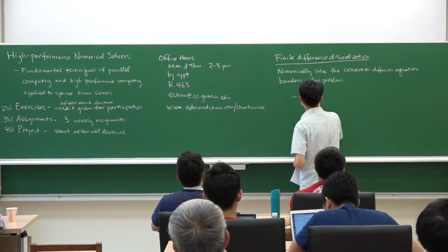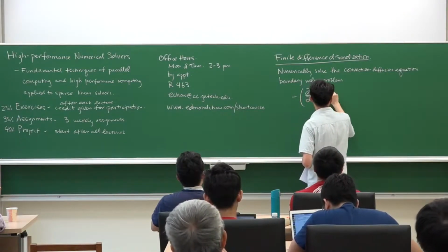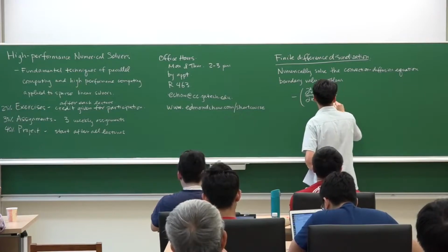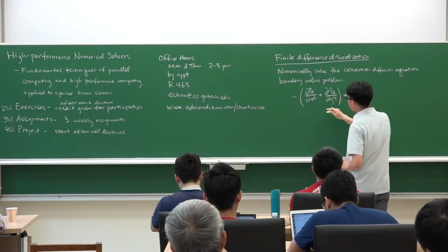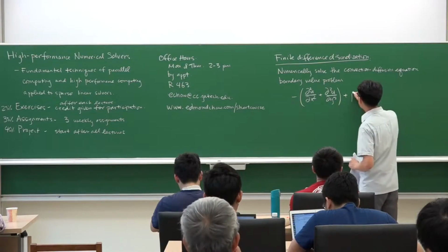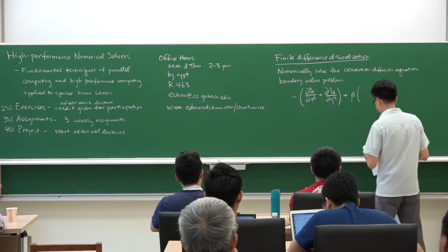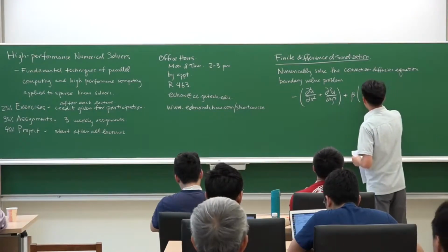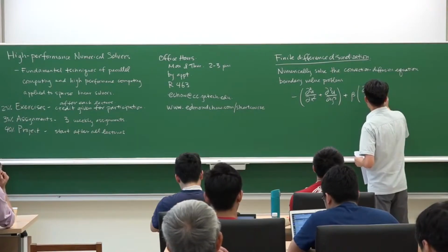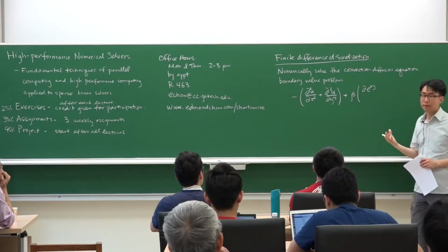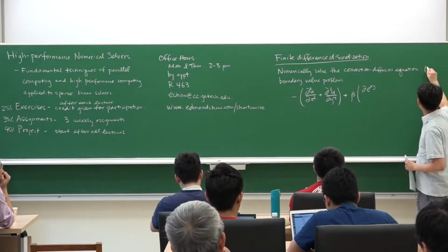So the second derivative of u with respect to x, squared. So this is the diffusion part, and then we'll have a scalar parameter beta. And the convection is going to, this is a 2D problem, by the way.